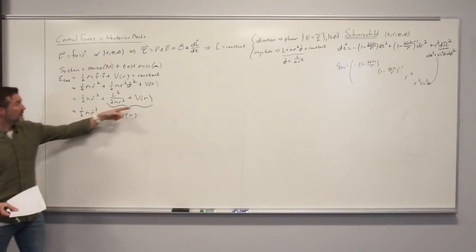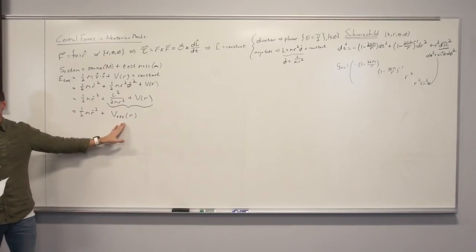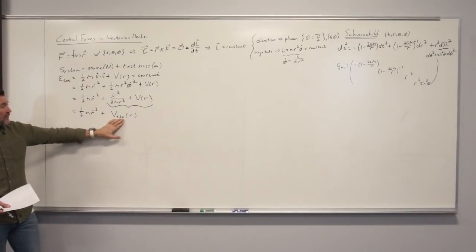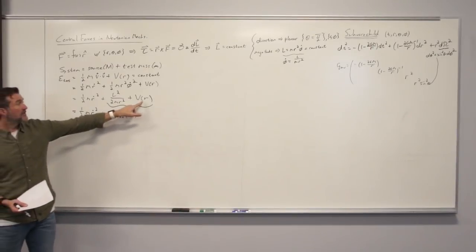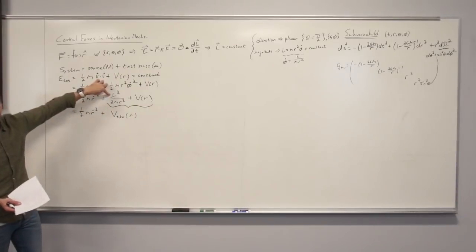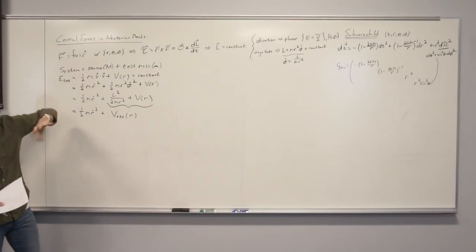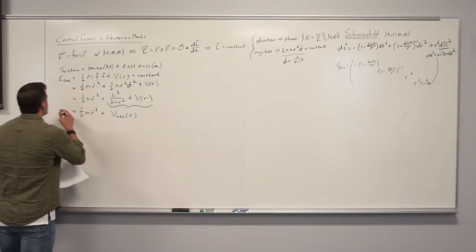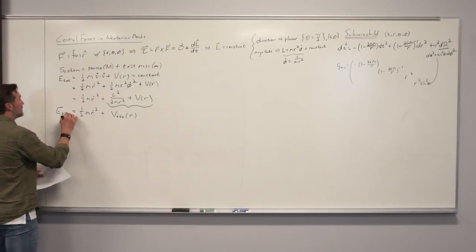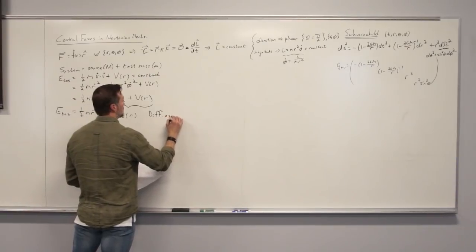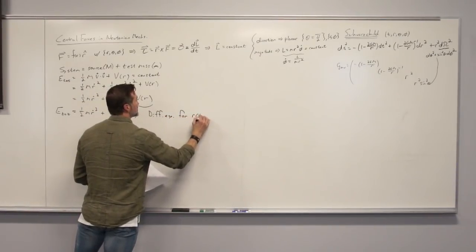So I'm just going to call this combination the effective potential for r. The important thing to note is that the actual form of this depends on the fundamental potential you start with, but also the value of angular momentum you're dealing with. And we're going to see how that leads to different results in just a moment. Okay, so this is a differential equation for r as a function of t.